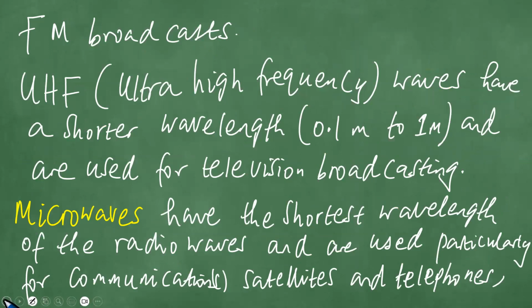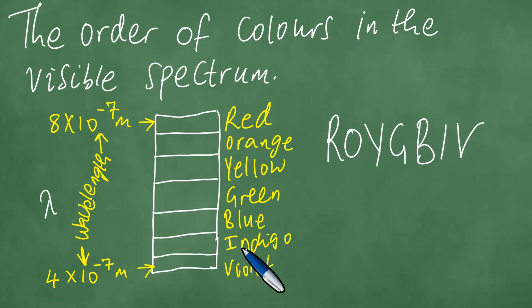So that is what we have, and we saw that in the diagram here, where the violet itself is actually 8 times 10 to the minus 7, the red is 4 times 10 to the minus 7, or the other way around.